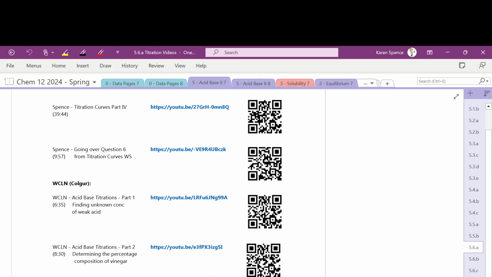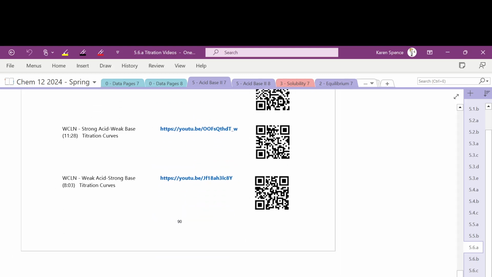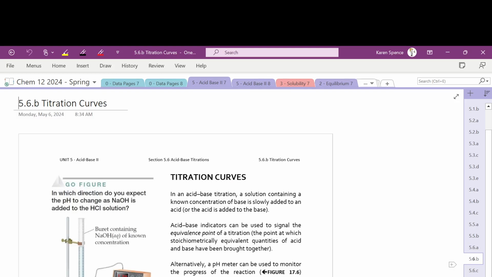Or you can watch Mr. Colger. 6 minutes, 8 minutes, 9 minutes. Ooh, the big long one is 11 minutes. So feel free, if you're not understanding when I'm done, to use these as resources. Okay, this is on pages 89 and 90. That's all we're doing with this, though. I'm just pointing out that you have those videos should you want to watch them.